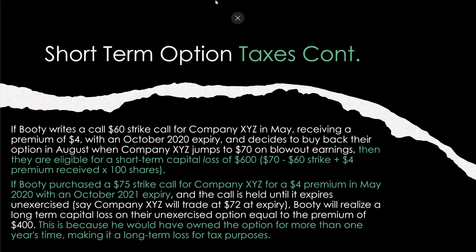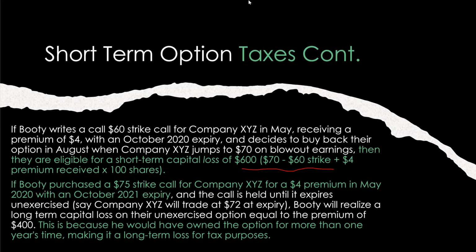That's it. If Booty writes a call option for company XYZ in May, receiving a premium of $4 with an October 2020 expiry, and decides to buy back the option in August when it jumps to 70 on a nice earnings report, then he's eligible for a short-term capital loss because the company inversed his play and now he's taking an L on that play.